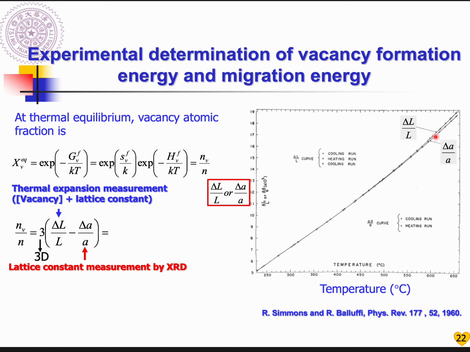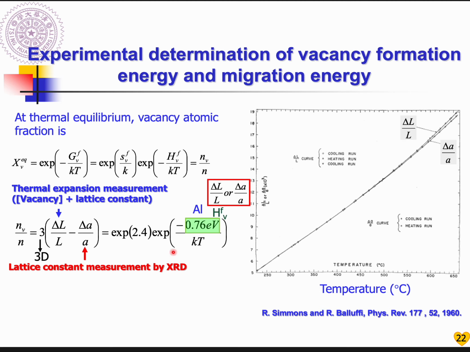Then you can get the value at different temperatures. After fitting, he got these results, and can also separate them into a temperature independent term and a temperature dependent term. Inside this dependent term, the upper portion is the vacancy formation energy, right?